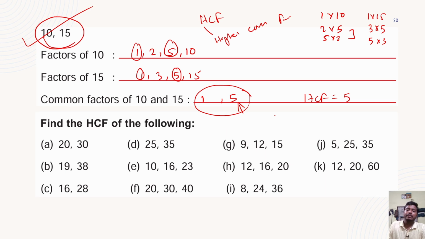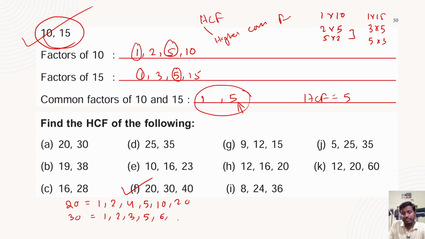Okay. Similarly, we can solve, suppose, for three numbers. How to solve? First we write down the factors of 20. That is 1, 2, 4, 5, 10, then 20. Now factors of 30, same: 1, 2, 3, then 5, 6, 10, 15, 30.